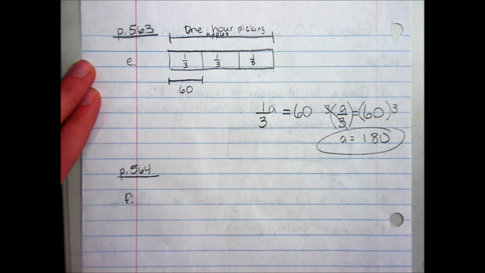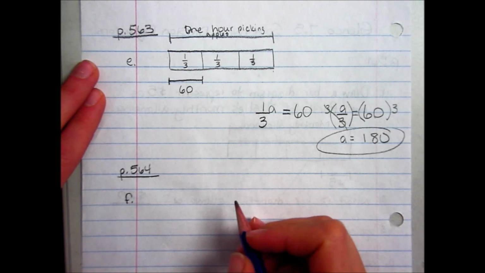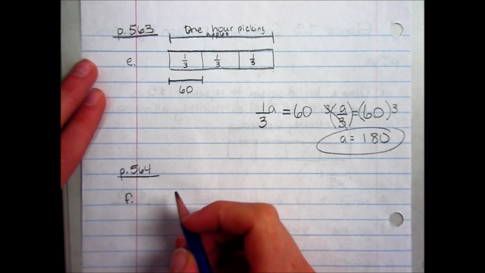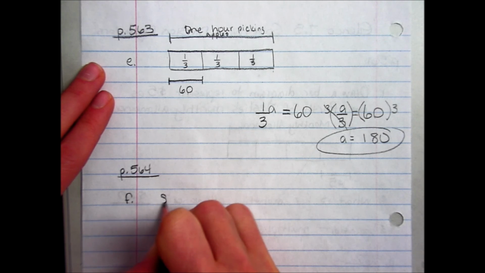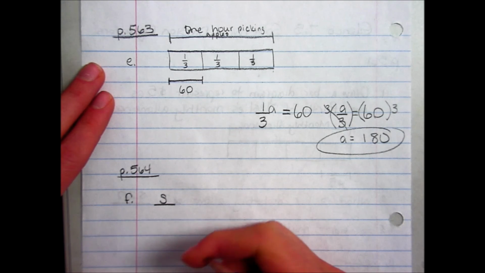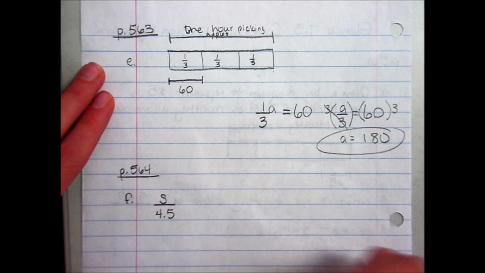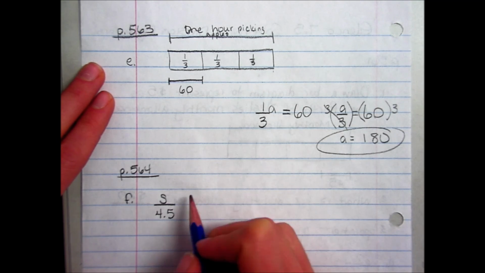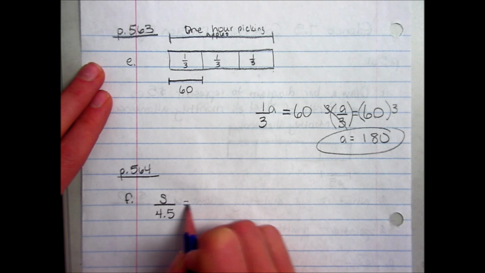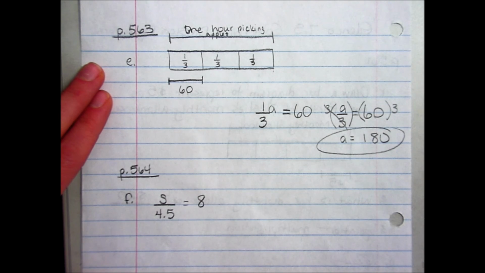So we'll write and solve a division equation to find how many strawberries she will need. Alright, so what we'll do is the total number of strawberries over 4.5 per serving, and she needs a total of 8 people.